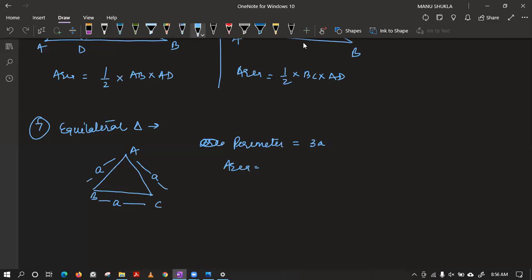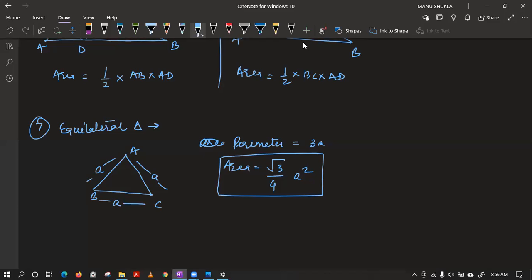Half base into height. There is a new formula that can be used directly: root 3 by 4 a square. You can use this formula also in the case of equilateral triangle, that is root 3 upon 4 a square.